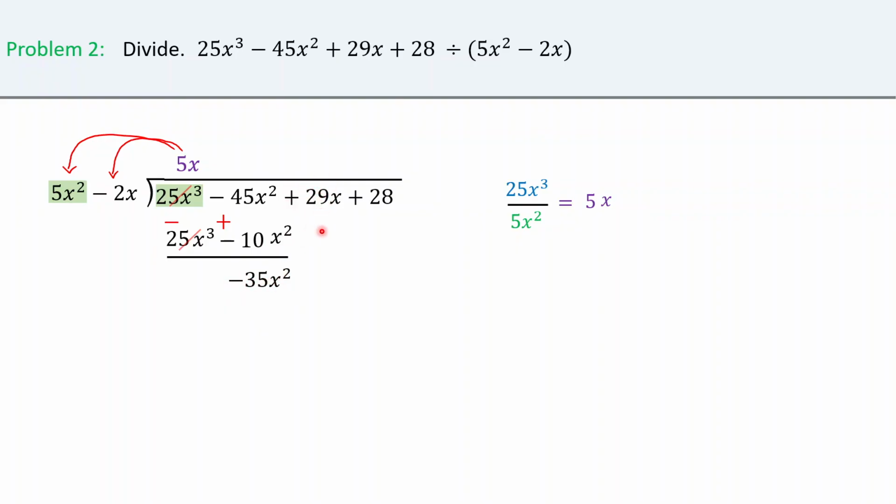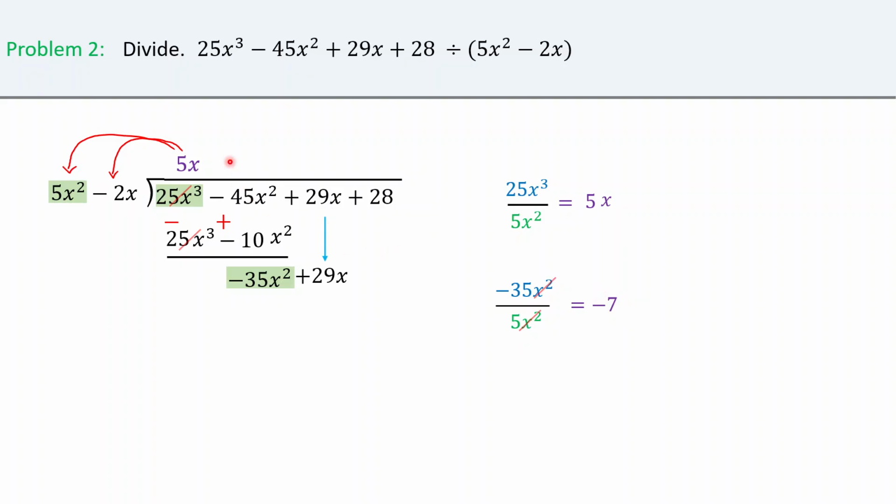Now bring this down. Now take this first term and divide by 5x squared. Negative 35 divided by 5 is negative 7. Cancel out x squared and x squared.